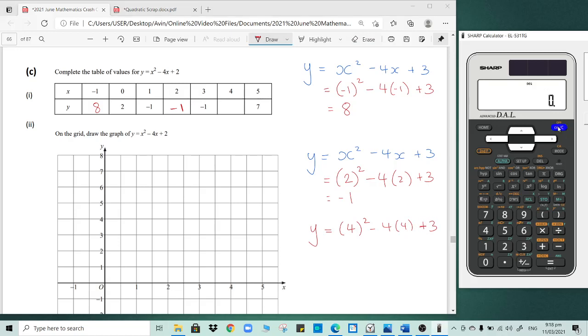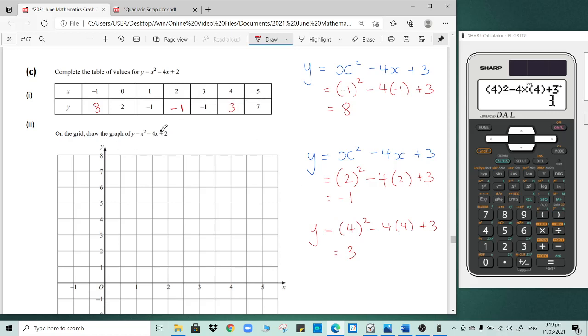Alright, let's throw it into the calculator. Open brackets 4, close brackets, squared, minus 4, multiply by open brackets 4, close brackets, plus 3. And I get 3. So this value here has to be 3.